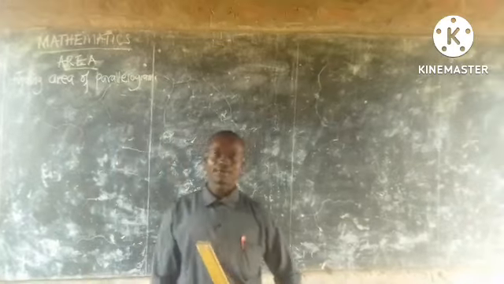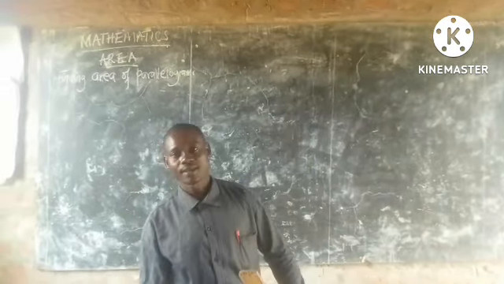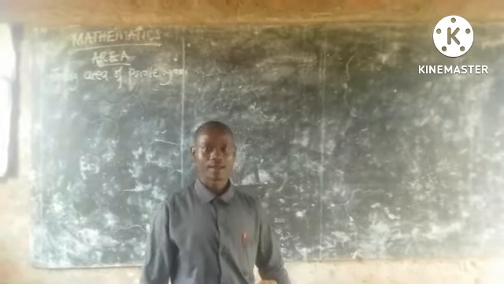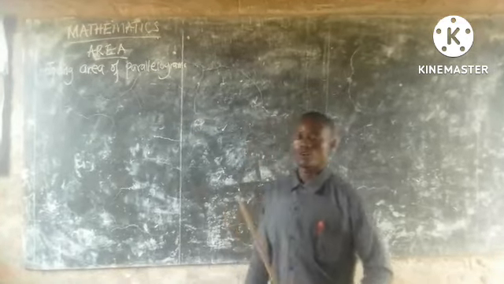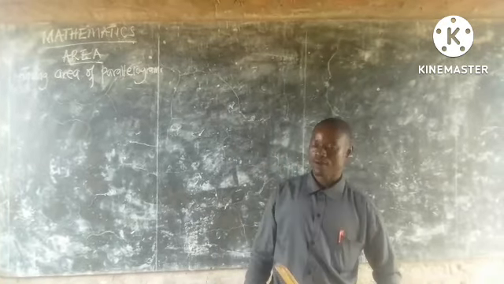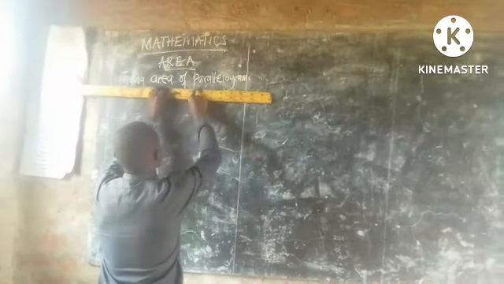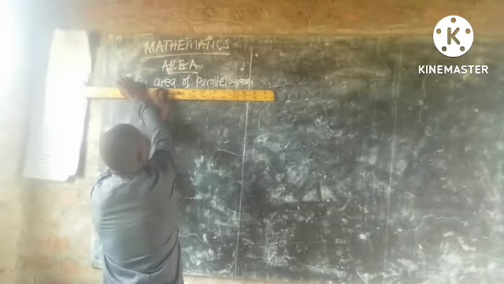So today we shall pick up from there. We shall have a look at how we can find the area of parallelograms. So this is what we are calling finding the area of a parallelogram.